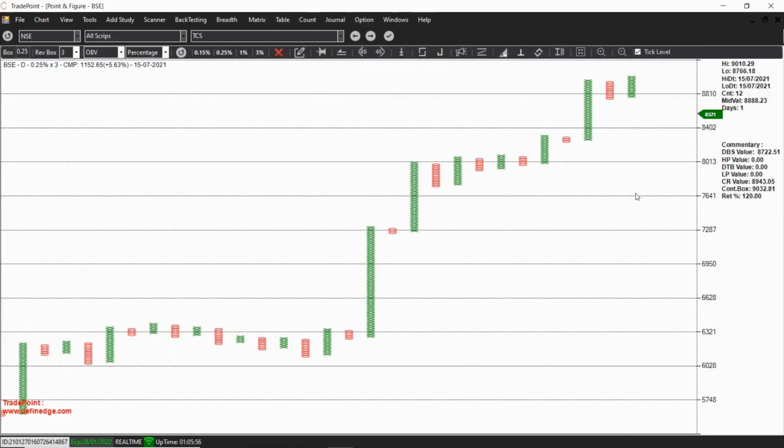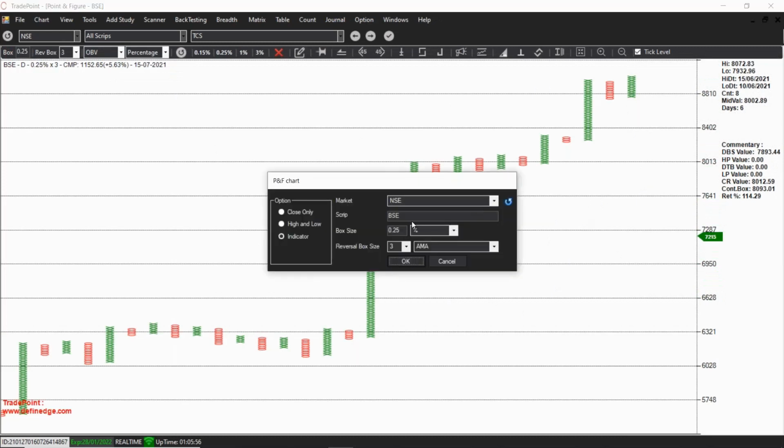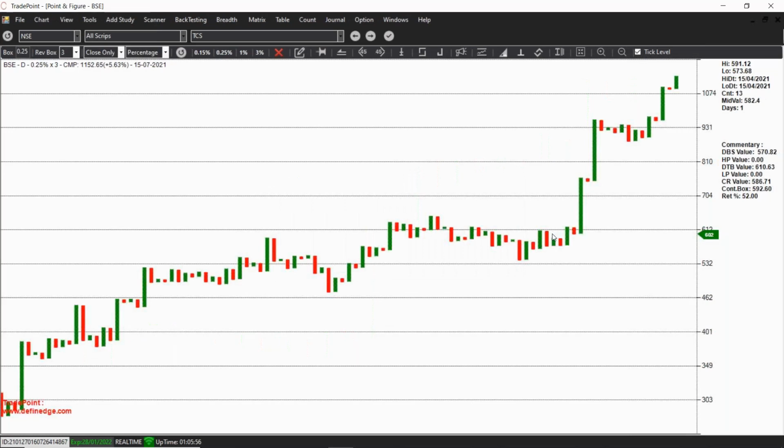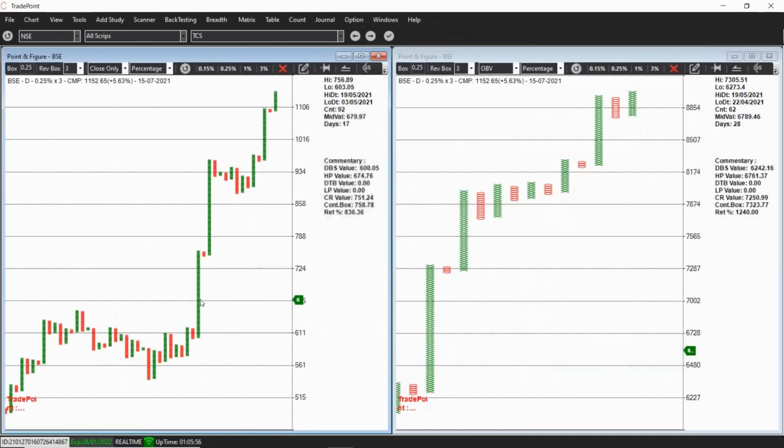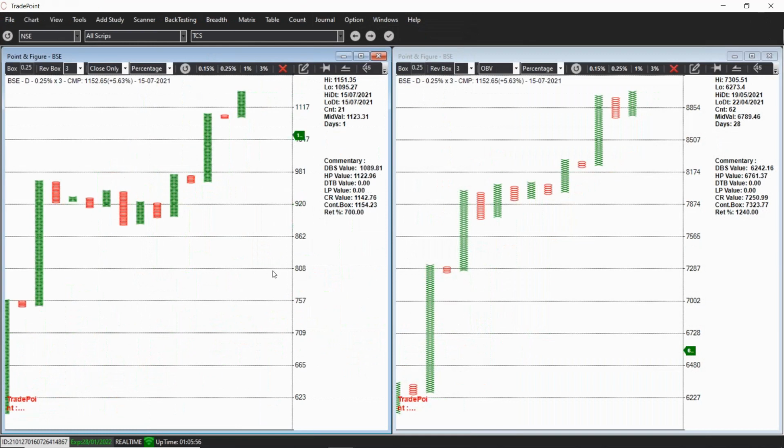So this is a point and figure chart of OBV. Okay. And now let's do one thing. I'll also select price and plot the price chart. So now we have the left chart as the price chart and the right chart as the OBV chart. Both are point and figure charts, right?